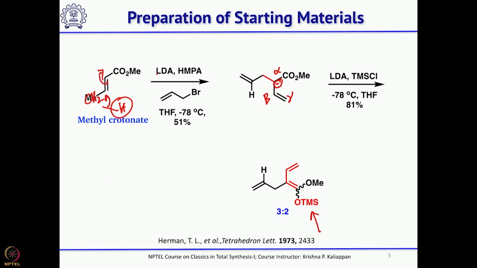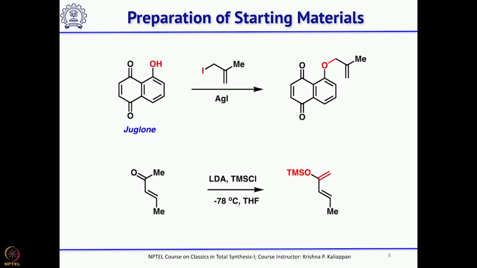Once this is made, then the juglone which is required for the Diels-Alder reaction was deprotonated, that phenolic hydroxyl group was deprotonated and quenched with this allyl iodide to get the precursor not only for the Diels-Alder reaction, because as you can see this is the quinone moiety which can undergo Diels-Alder reaction, and here this allyl ether which can undergo the intramolecular Claisen rearrangement.